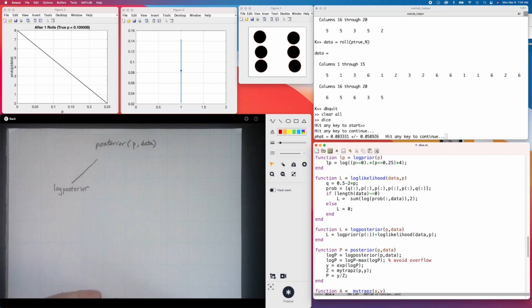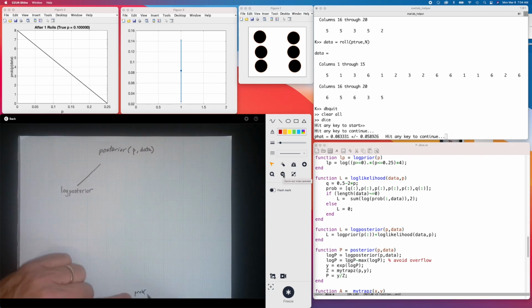Remember when we did Bayes' theorem, we have the probability of p conditioned on the data and the prior information is just proportional to this here. It's missing the normalization constant, so I have to make sure that the integral of this thing integrates to 1, and that's the next thing that's done.